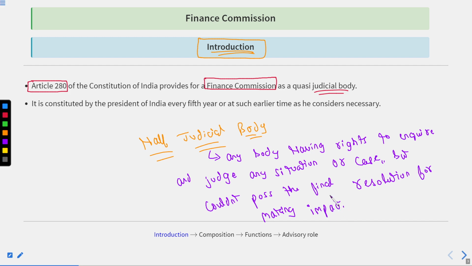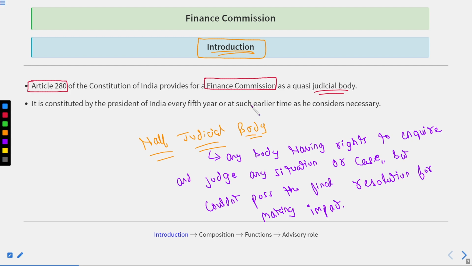So a half judicial body is any kind of body having the right to inquire and judge any situation or case, but could not pass the final resolution for making any impact.